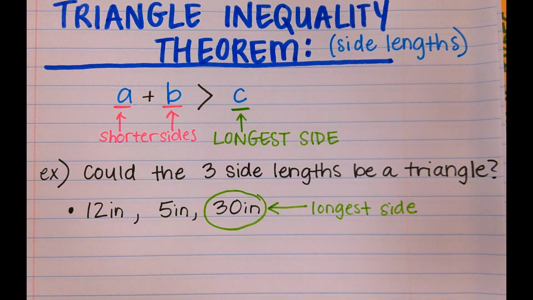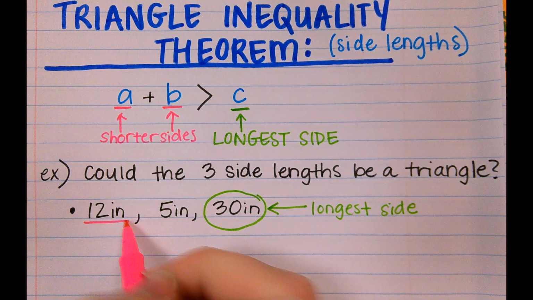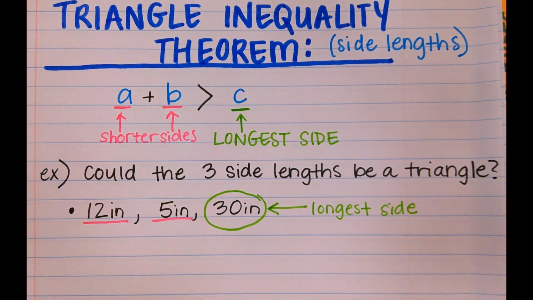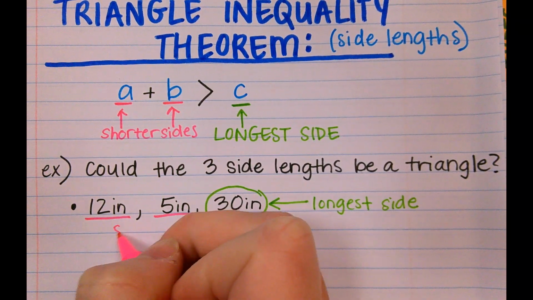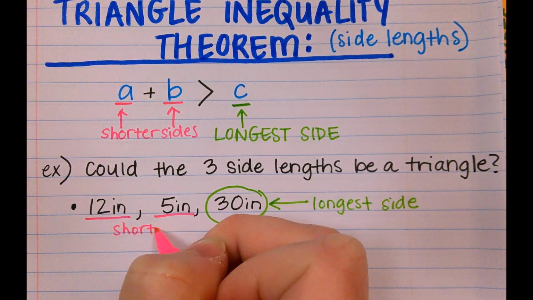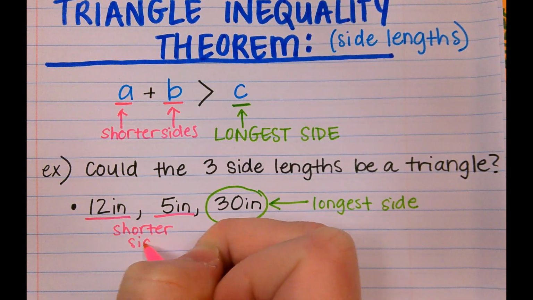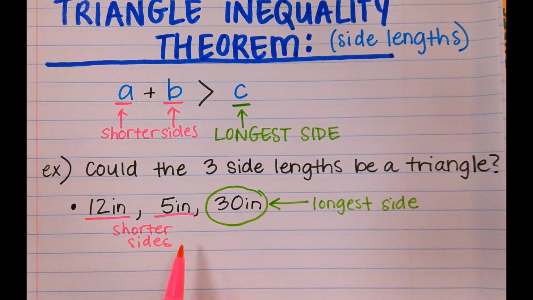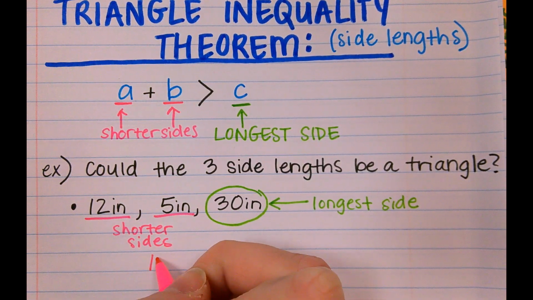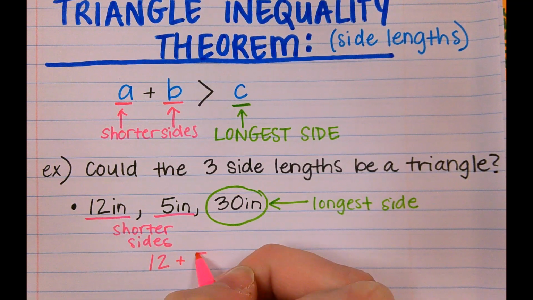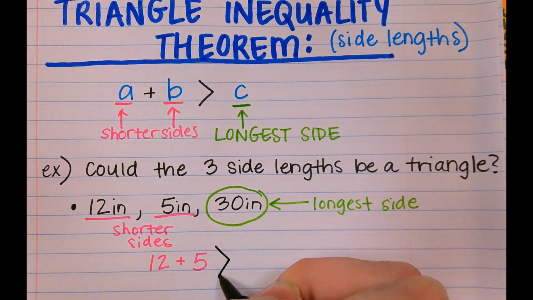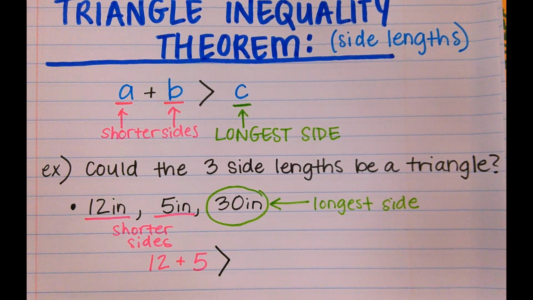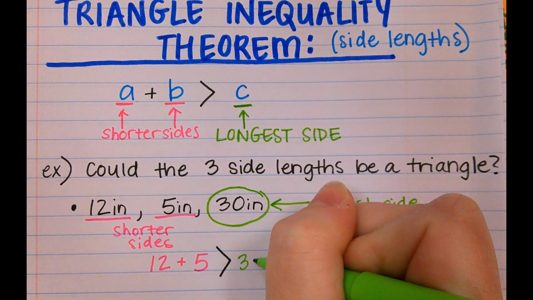Then I'm going to take my two remaining sides, my shorter ones, 12 and 5, and let's add them together. So I'm going to write 12 plus 5 is greater than 30.